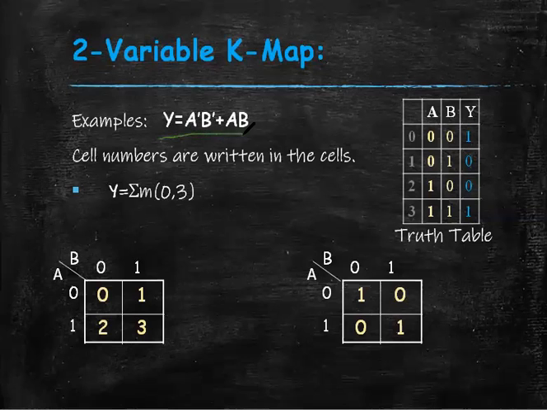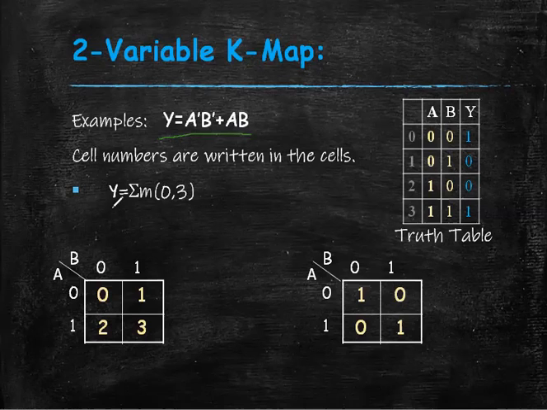y is equal to a bar b bar or ab, or we can say that it is the K-map for y is equal to sum of product 0 and 3, or it is the K-map for the given truth table.